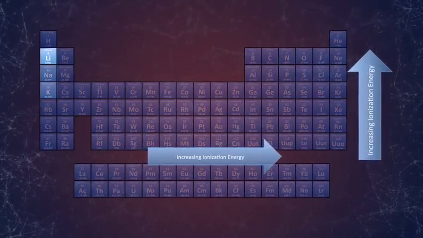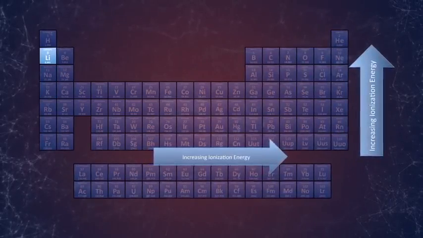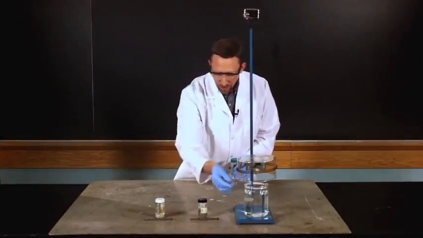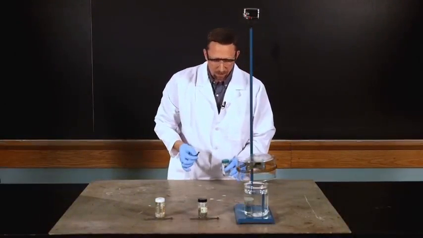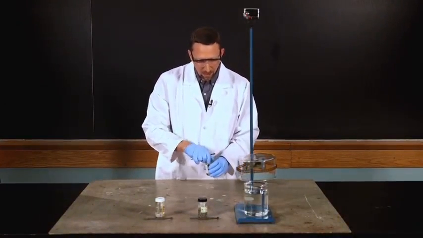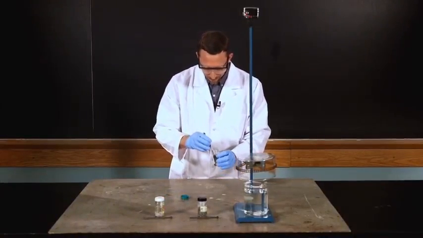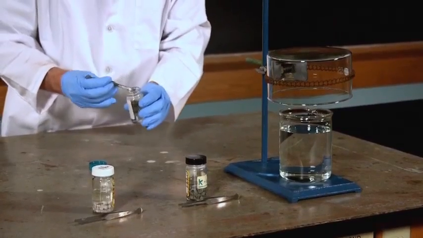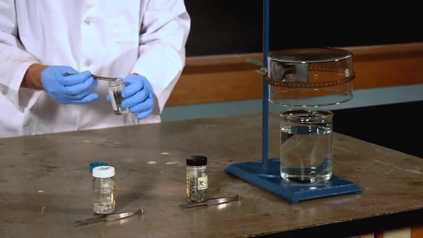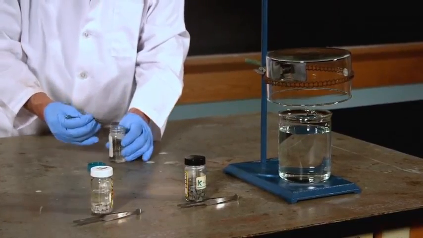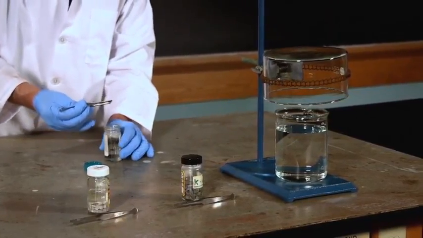Okay, now we're ready to watch lithium react, because I've got my beaker full of water here, which also contains that special indicator, and I've got my lithium metal here. So let's grab a piece of lithium. We're going to add this and keep a close eye on not only what's happening, but exactly how vigorously it's happening.